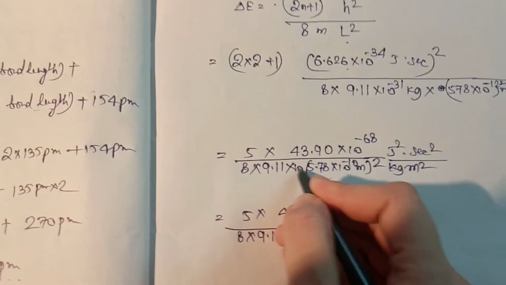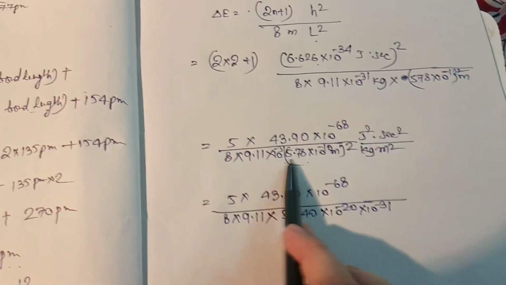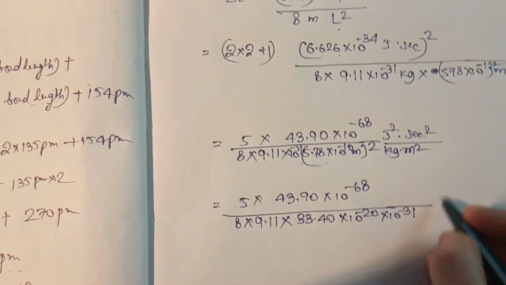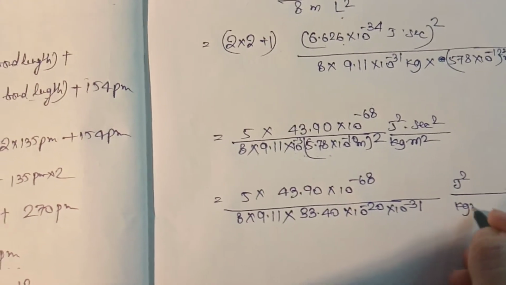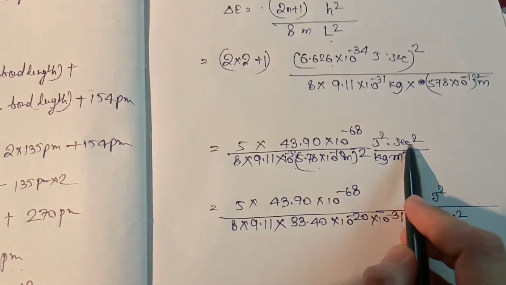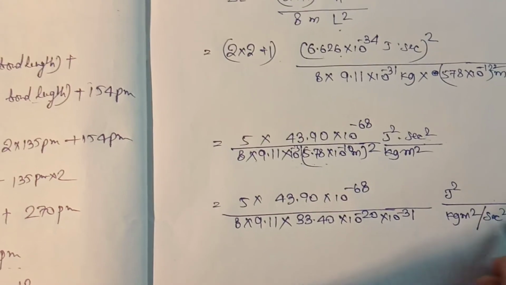Joule square in place of kg meter square, it was in the numerator, so when we take it in the denominator it becomes per second square.